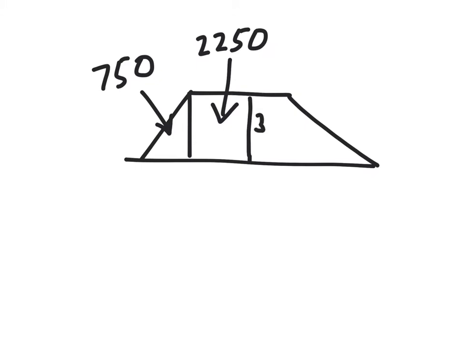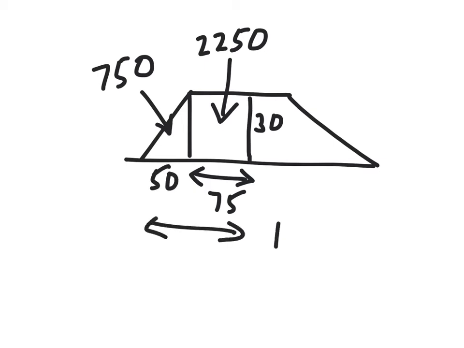But we know that's 30, so this is 2250 divided by 30. What's that? 225 divided by 3. That's 75, and this works out to be 50, so the total time is 125 seconds.